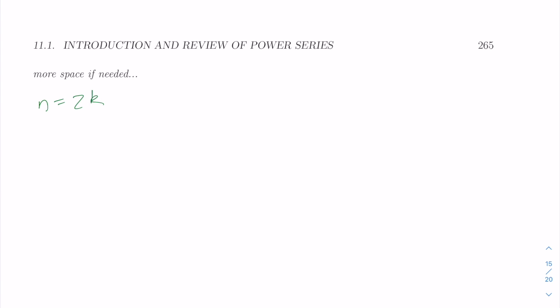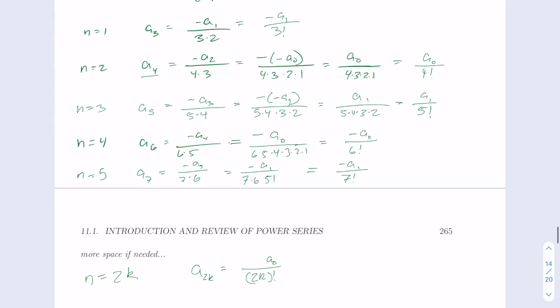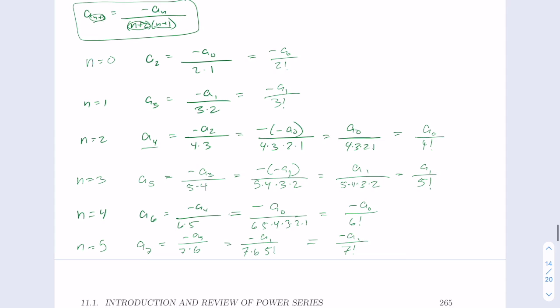if n is 2k, right? If n is 2k, then it's even, right? And so then a sub 2k is equal to a sub 0 over 2k factorial. Now, it alternates based on, it goes 2, 4, so 2 times 1, 2 times 2, 2 times 3.